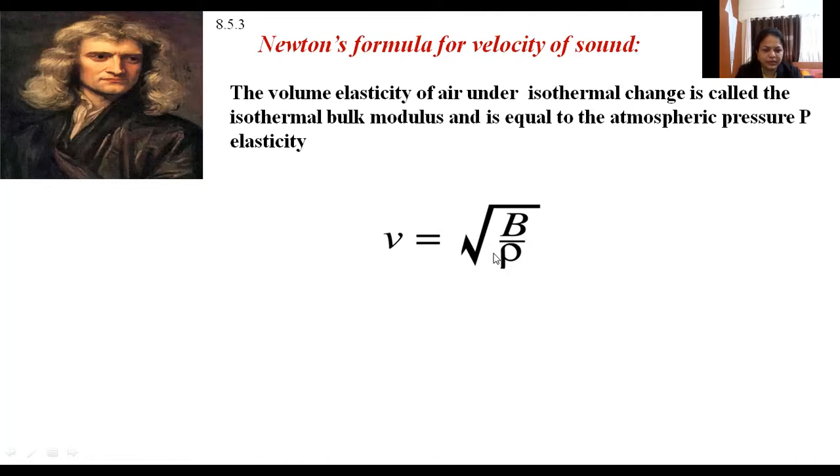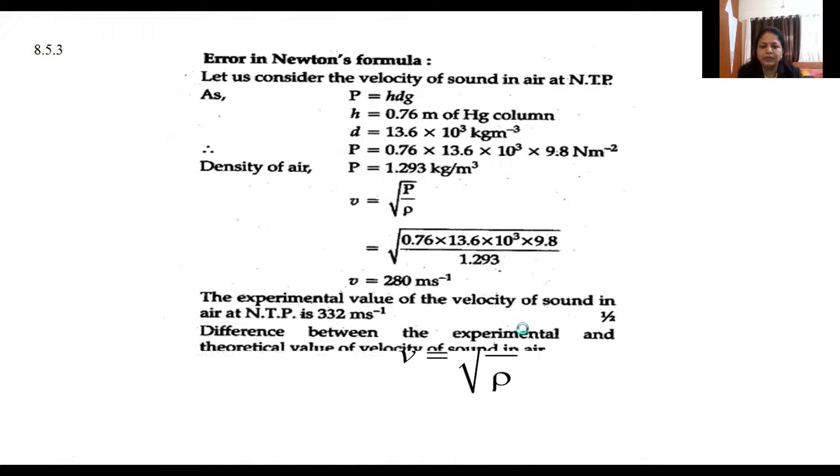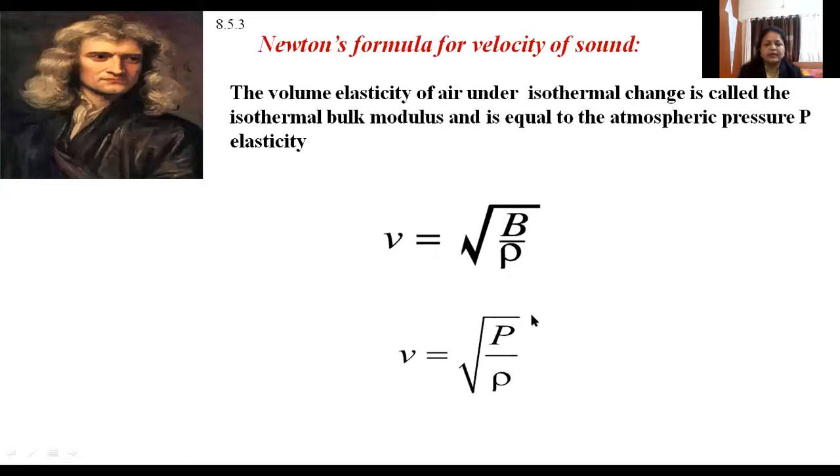So instead of B, we can write V is equal to under root of P upon rho, and this is Newton's formula for the velocity of sound.